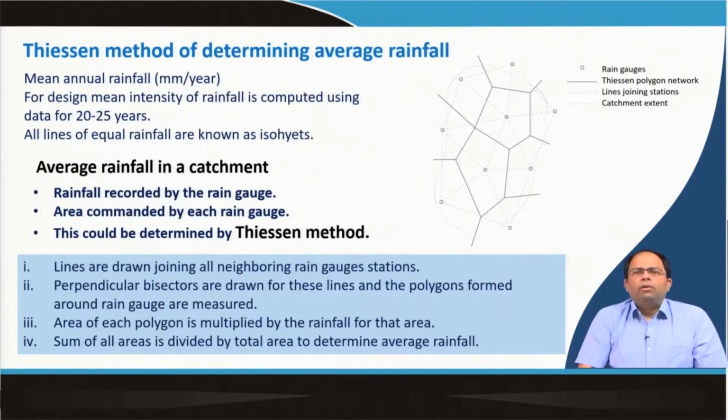Now, once we know the rainfall at a particular point at a weather station, like in this drawing, you can see these are the points where the rainfall is measured. Now, I want to determine the total amount of rainfall that happens in a particular area.